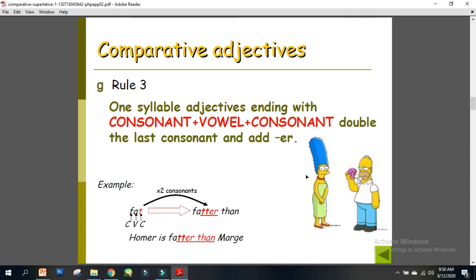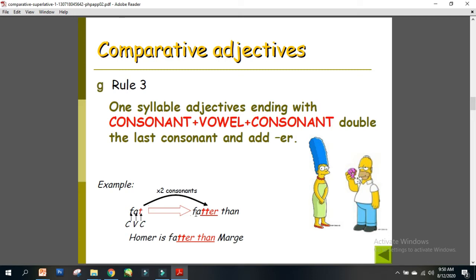Rule number 3. One syllable adjectives ending with consonant, vowel, and consonant again: double the last consonant and add er. Take a look at the example, the word fat. We have consonant F, then vowel A, and also consonant T. Based on rule number 3, we have consonant, vowel, and consonant at the end, so we have to double the last consonant and add er.